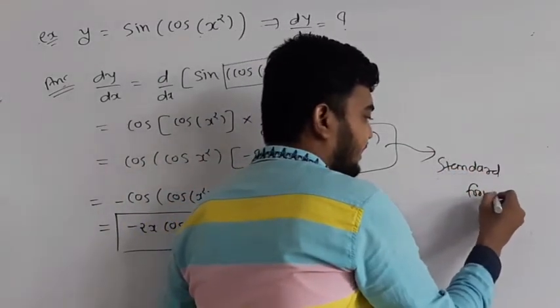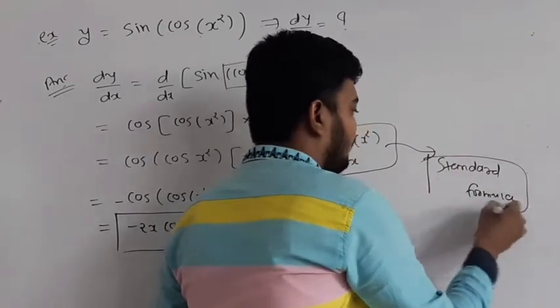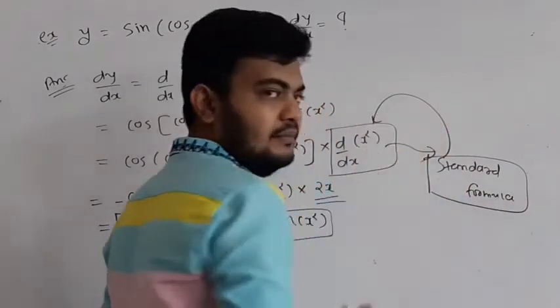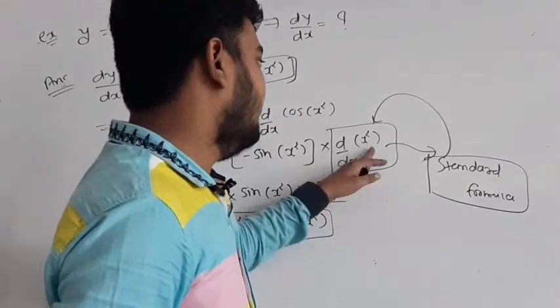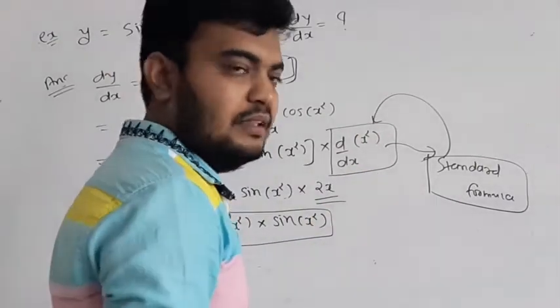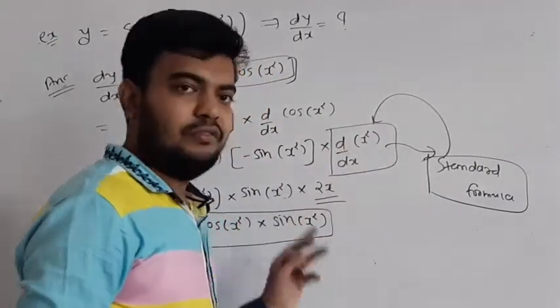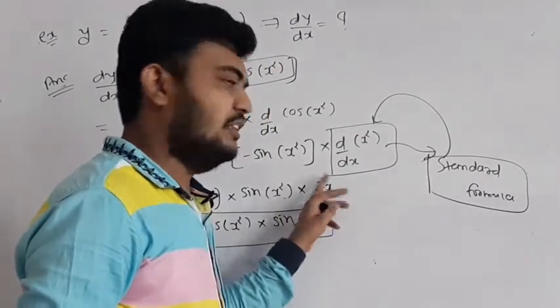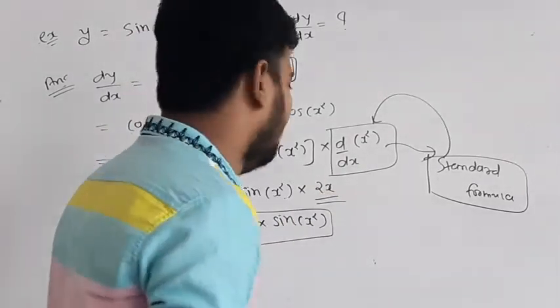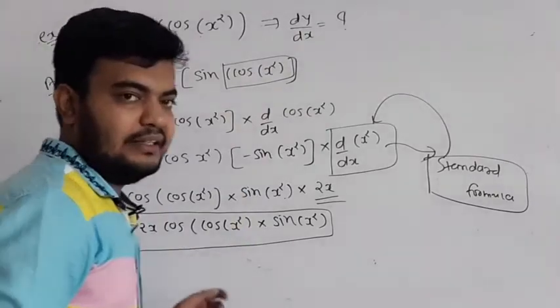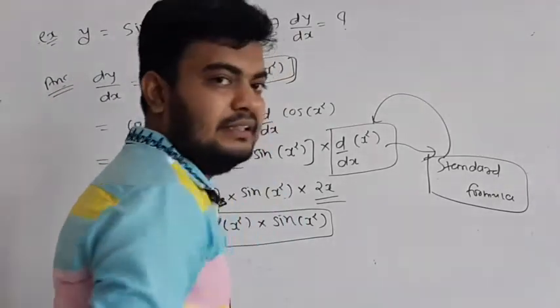It is the form of variable raised to constant power, so the power comes forward and is multiplied by x raised to the power decreased by 1. I hope you are getting how to solve this.